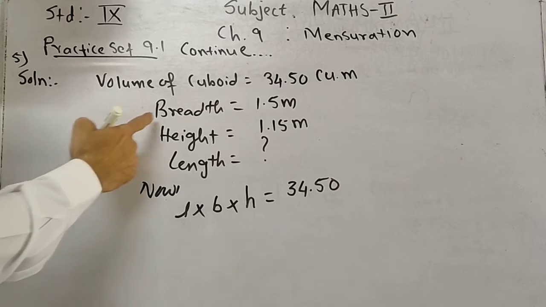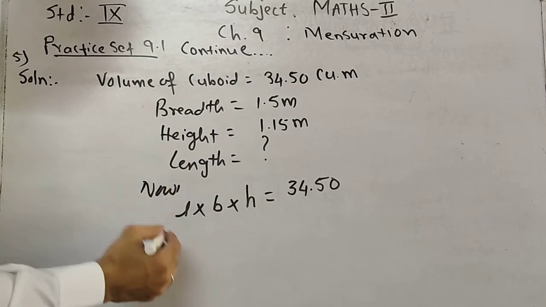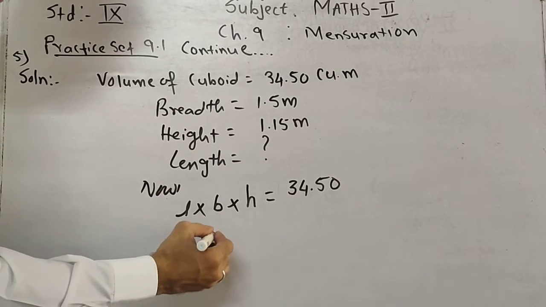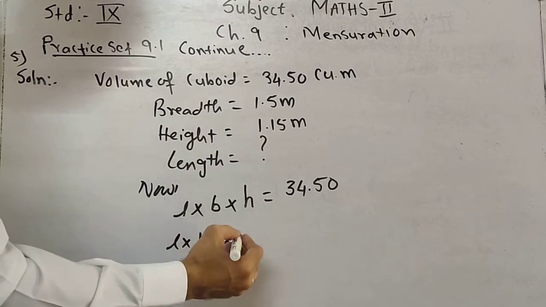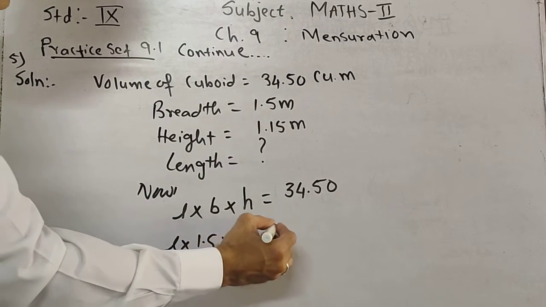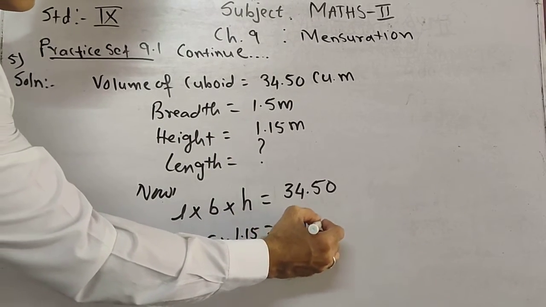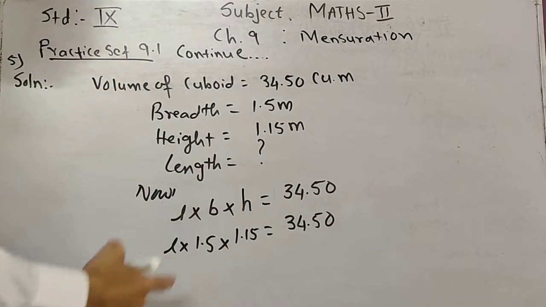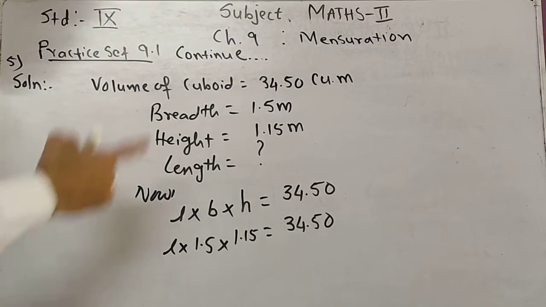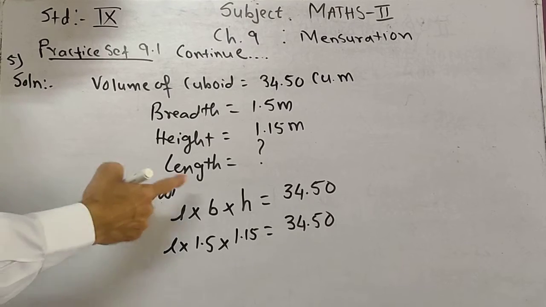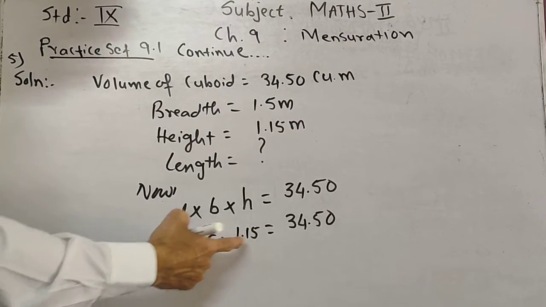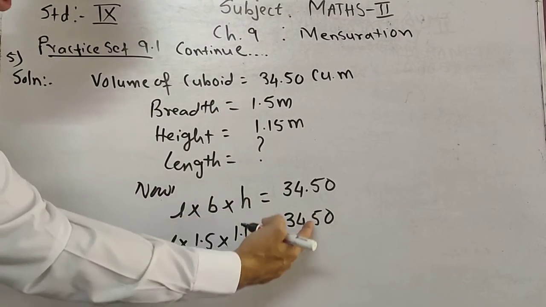Now breadth is 1.5, length is not given, and your height is 1.15, is equal to 34.50. Very easy till here. Volume formula is this, length is missing, breadth and height are given, volume is given.